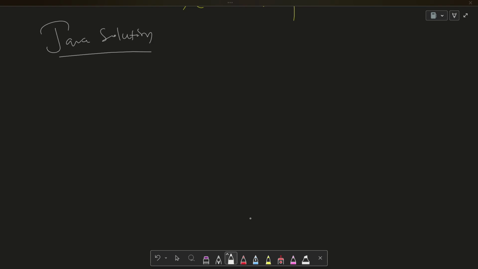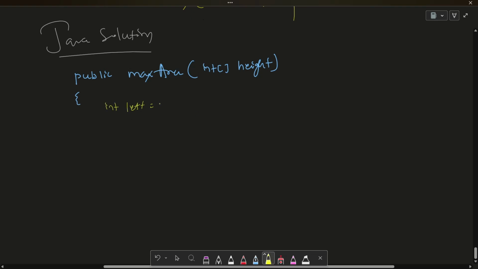Let's jump into the Java solution for this one. We have a method maxArea and we are given a height array. Now we'll declare the left and right pointer. The left is going to start with 0 and the right n minus 1. So n is the size.